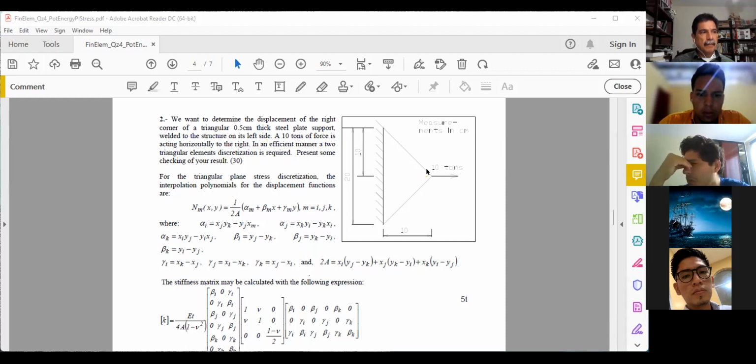Let's consider that this point or this joint is I. This is J, and this is K joint. So I want you to calculate gamma I. That's the gamma for this point. That's question 3.